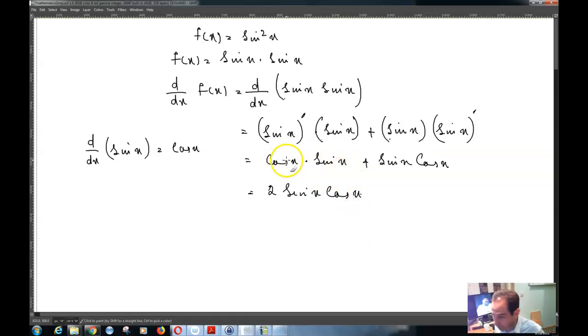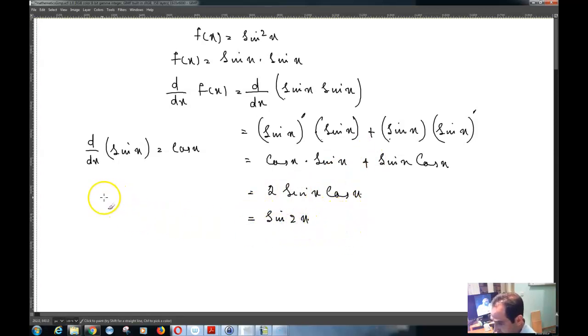Now 2 times sine x cos x is the same thing as sine 2x.